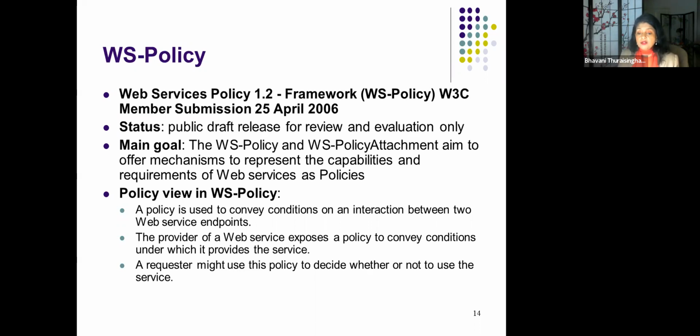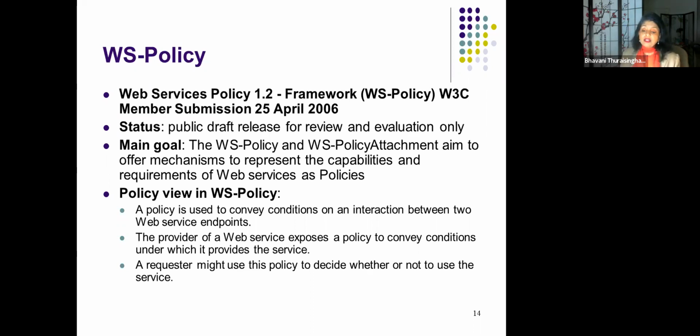So policy view in WS policy, it's a policy used to convey conditions on an interaction between web services domains. The provider of a web service exposes a policy to convey the conditions under which it provides a service. So policy could be, I will provide you with a service, you have to pay me for the service, or you've got to guarantee something, so confidential information should not be divulged and so on.